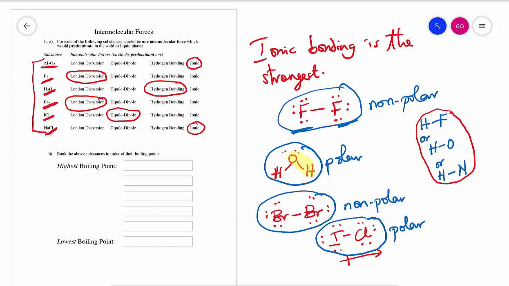Let us now move on to the B part of the question. The B part wants us to rank the substances in order of their boiling points. Remember that boiling points is directly proportional to intermolecular attraction, which means the stronger the intermolecular forces, the higher the boiling point.